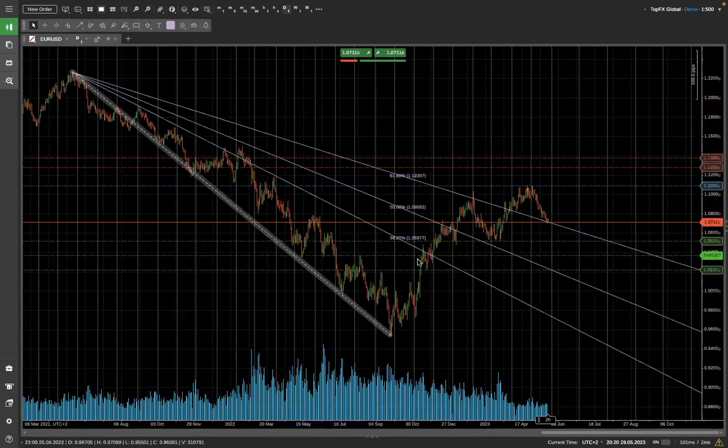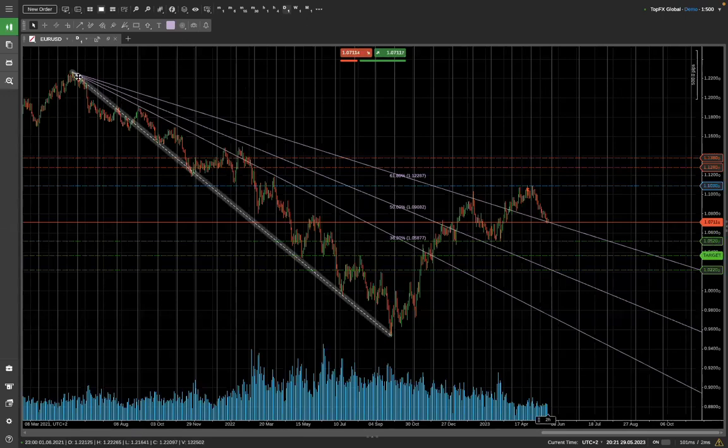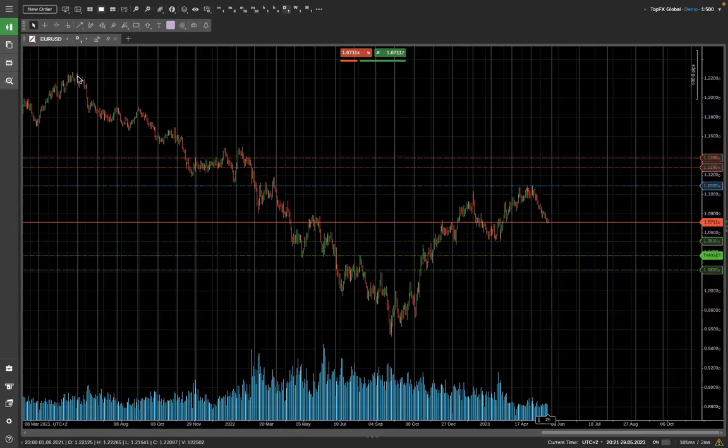Fibonacci Fan applied, 38%, 50%, 61%, just a little bit overshot and then reversed. Now we are testing 61% from above. Good place to do some sort of bounce, okay? This is how we use Fibonacci Fan.